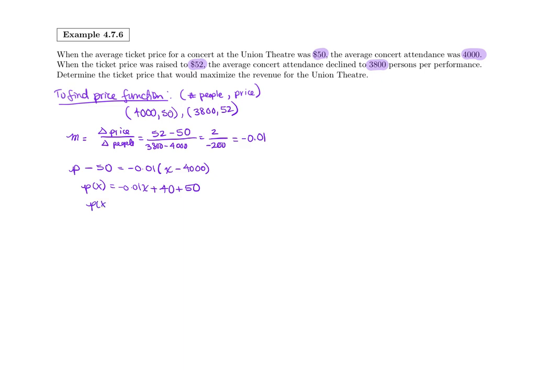So we end up with P of x being negative 0.01x plus 90. And we're going to find out that this is one of our objective equations. We're also going to find out that P, if we think about our price, is going to have to be greater than or equal to 0. We can't have a negative price for our tickets. We can't be paying people to come to our concerts, right? That wouldn't exactly work.